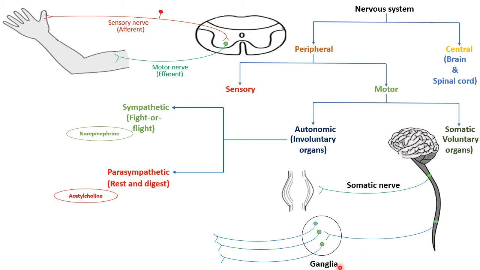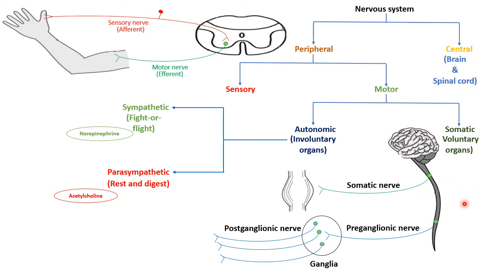And these ganglia divide the autonomic nerves into nerves before the ganglia and nerves after the ganglia. So we have a preganglionic nerve and also a postganglionic nerve. This is a very important difference between the somatic nervous system and the autonomic nervous system.